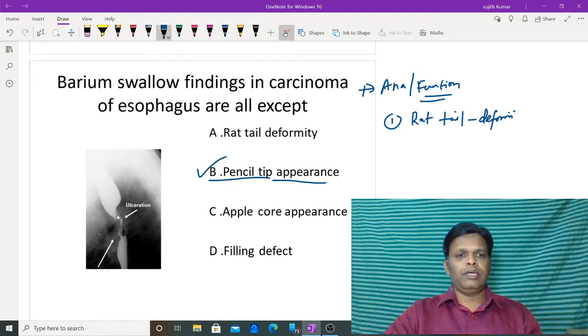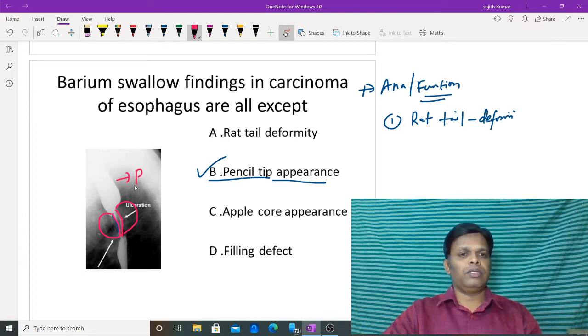This filling defect is an irregular, persistent filling defect because of the growth here.